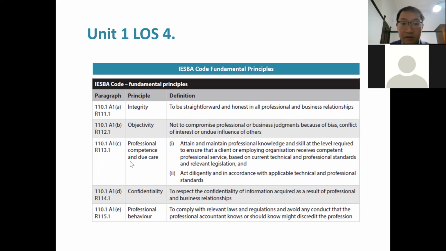Due care, on the other hand, has a law-based definition, which means that what we do must also be at a level that is acceptable to clients. So due care is embedded in professional competence.